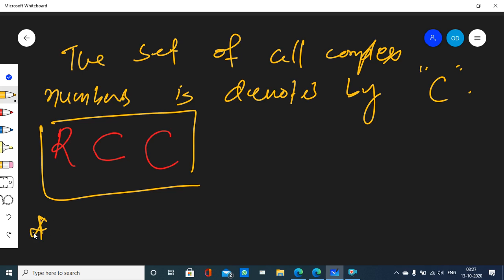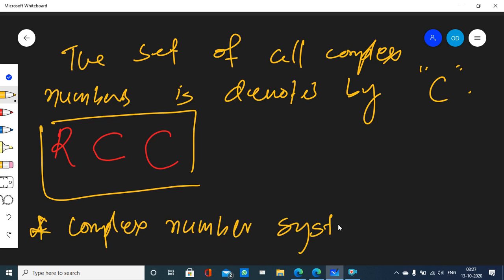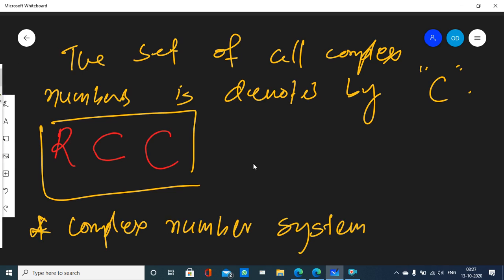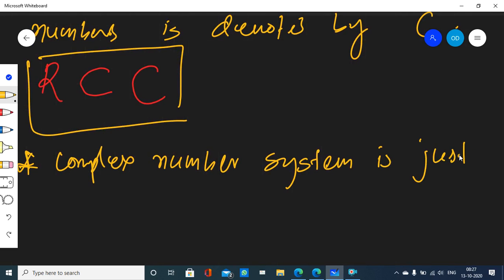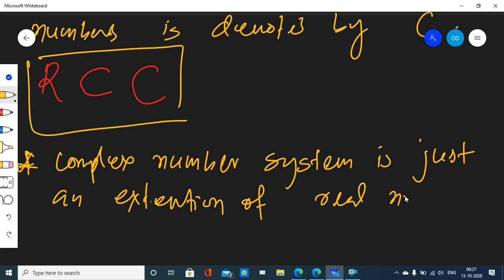And we say that the complex number system is not a new number system actually. In fact, the complex number system is just an extension of the real number system.